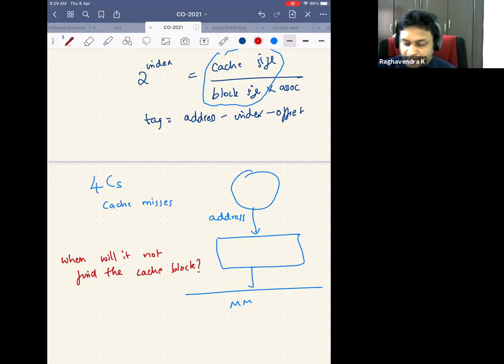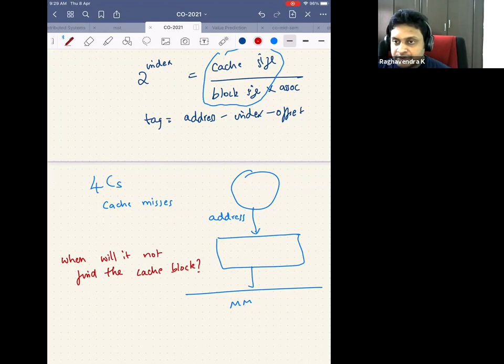Can anybody tell me, when the CPU generated the address, when will it not find the cache block? When it is not there. Right, if it's not there, you will not find that particular cache block. But when do you think that the cache block will not be there in the cache? Can you give me a scenario where the cache block will not be there in the cache?